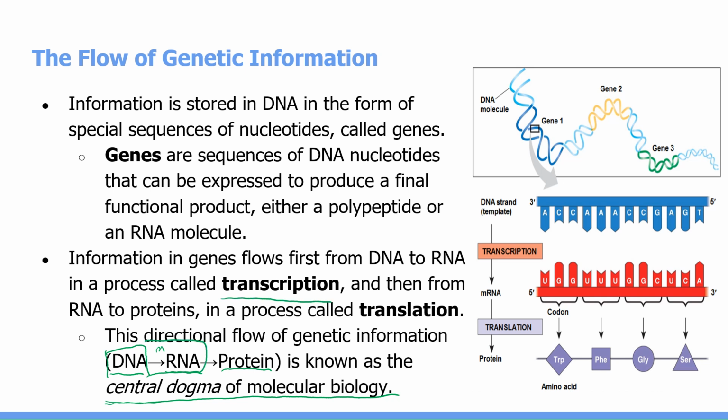This process occurs in the nucleus or in the cytoplasm of prokaryotes. Then we have translation, where we have that mRNA being used as a template to produce a protein. Okay, y'all. If you guys can't remember which one goes first, always use the alphabet. C goes before L. So transcription before translation.